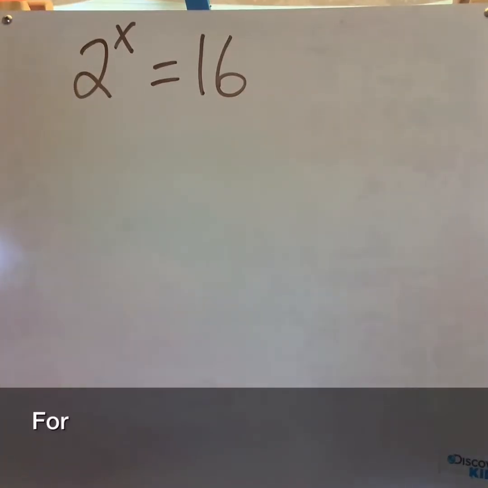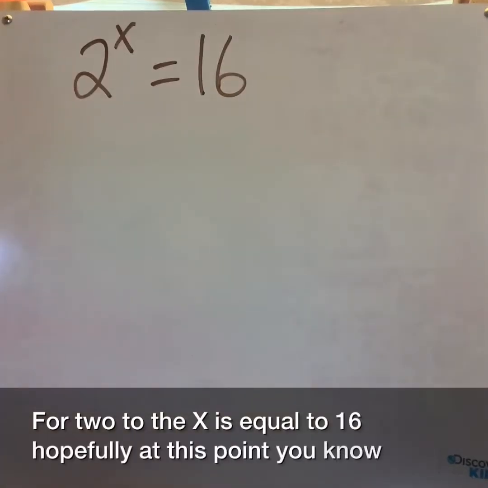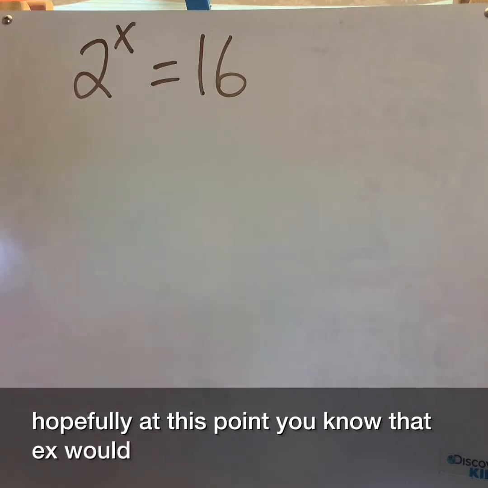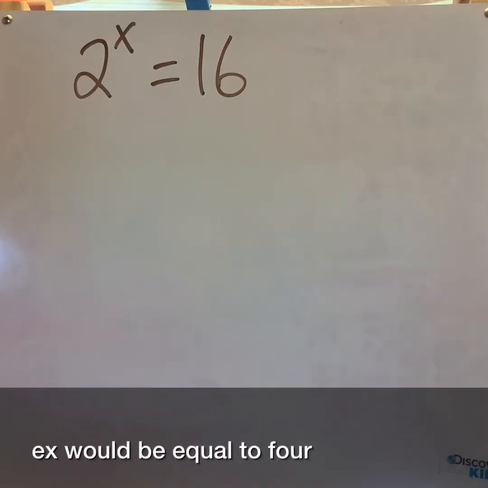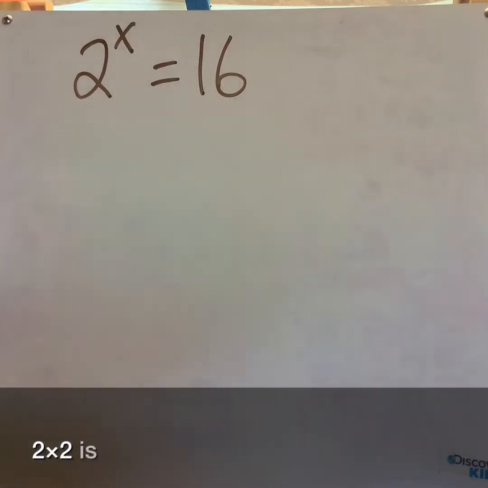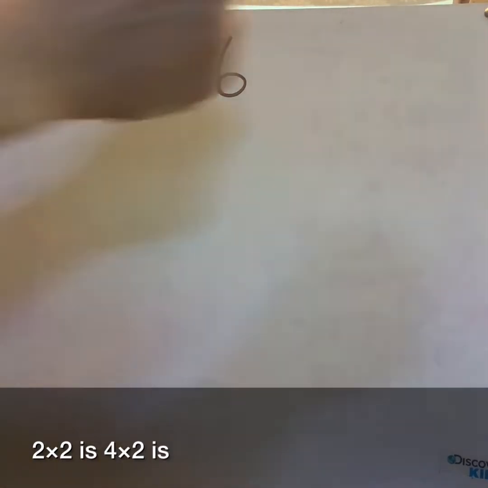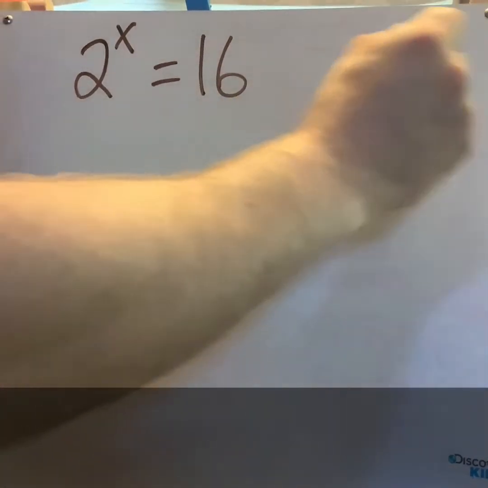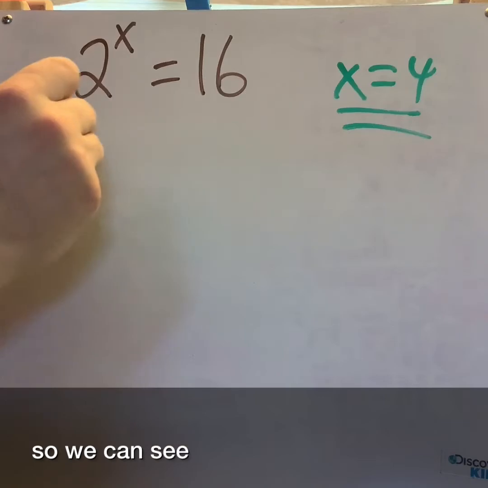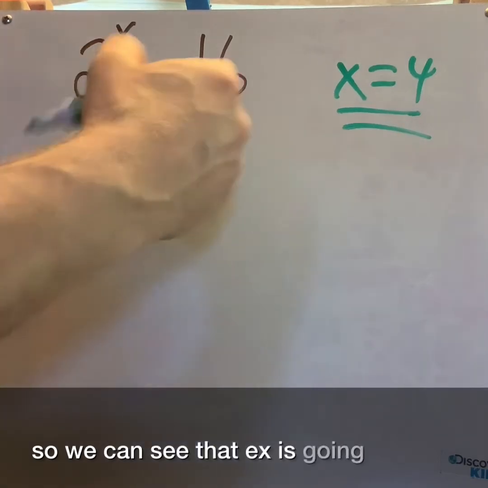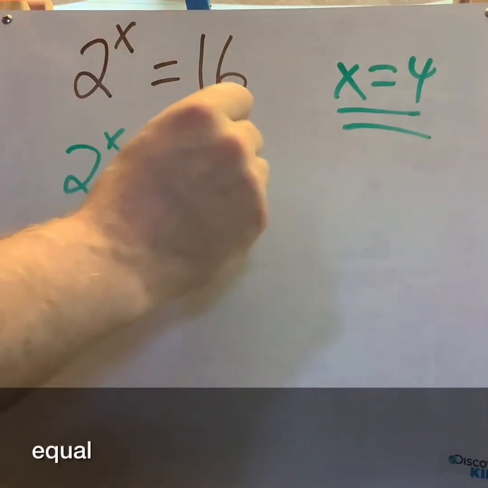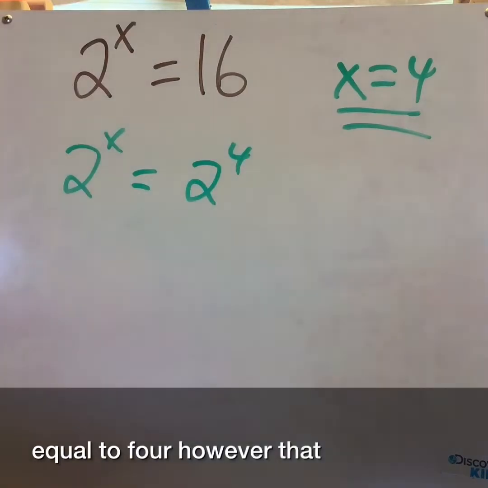For 2 to the x is equal to 16, hopefully at this point you know that x would be equal to 4, because 2 times 2 is 4, times 2 is 8, times 2 is 16. So we can see that x is going to be equal to 4. However, that means that 2 to the power of x is equal to 2 to the fourth power. And oh, look at that.